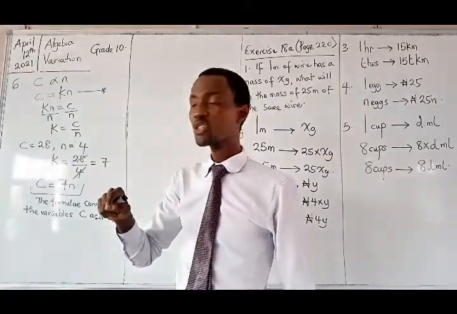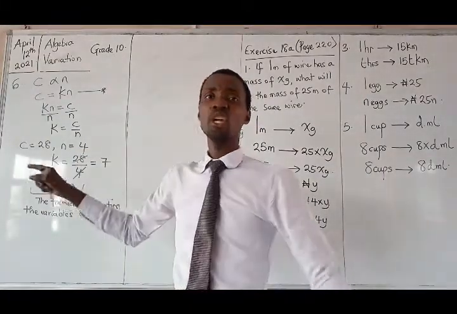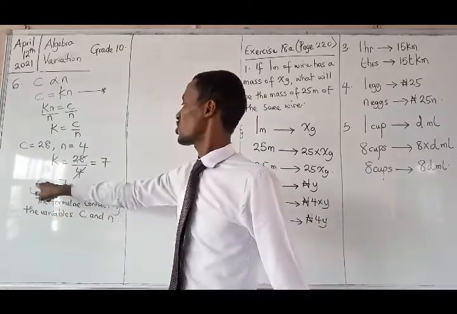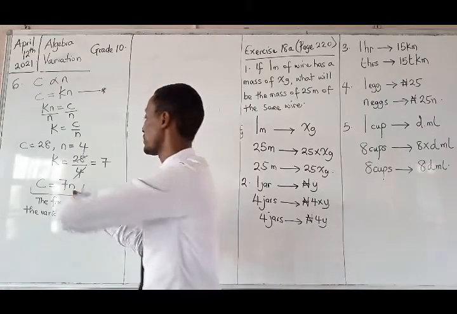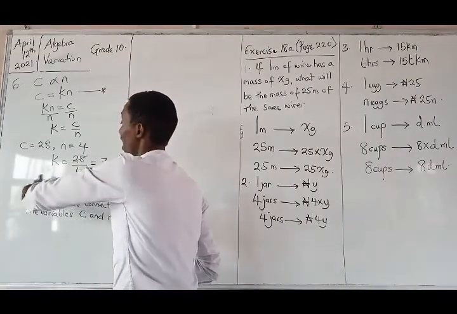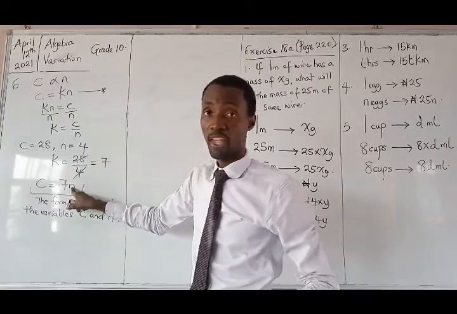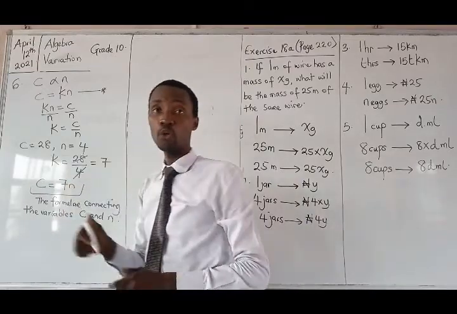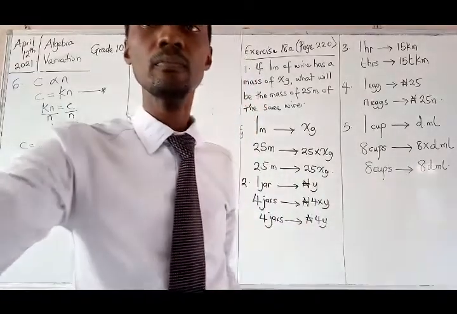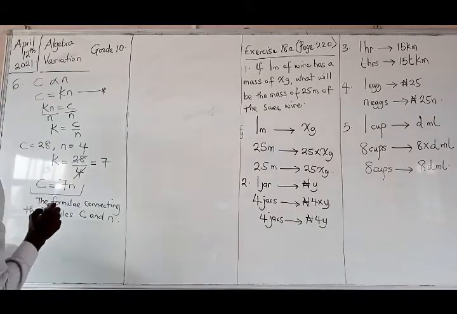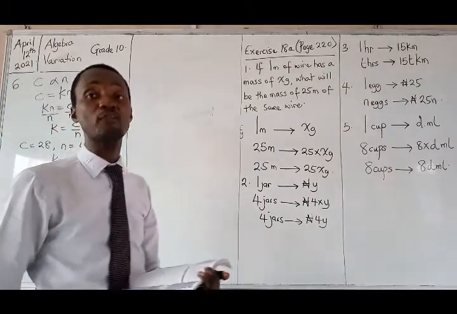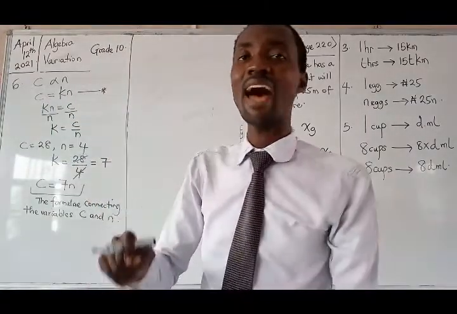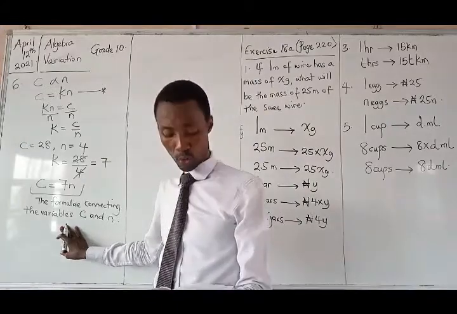With that formula, you may be able to find C when there's a known value of n, or find n when there's a known value of C. We are not required to do that here. We're told to just find the formula connecting C and n.